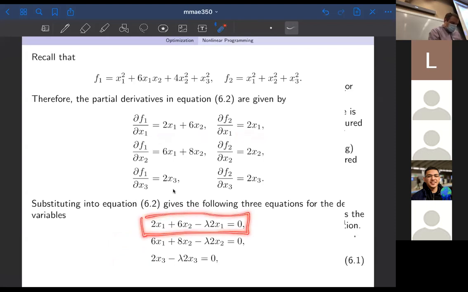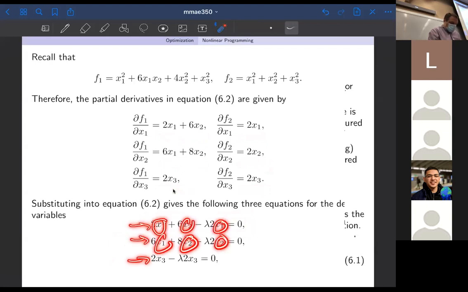First equation. This is the second equation, 6x1 plus 8x2 minus lambda times 2x2 is equal to 0. And then 2x3 minus lambda 2x3 is equal to 0. So 3 equations for my 3 unknowns.